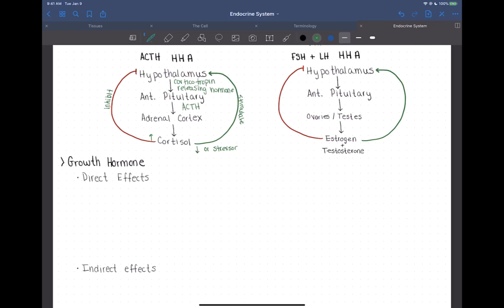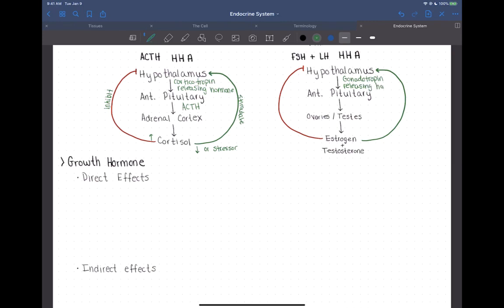All right, so for FSH and LH, I put these together because they have the same releasing hormone and they're acting on the same glandular tissues. So with FSH and LH, the hypothalamus is going to release gonadotropin releasing hormone.